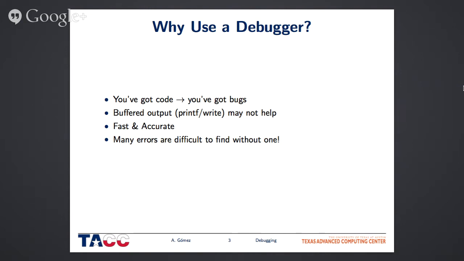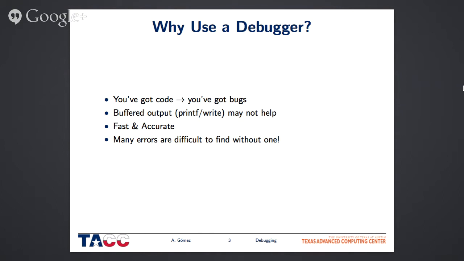Also, when you're using prints and writes, sometimes they are not very accurate because of the buffering of those instructions. So you might think that the code is crashing somewhere when actually it's not crashing there. So you need something that is more accurate than that, and profilers and debuggers help with that.